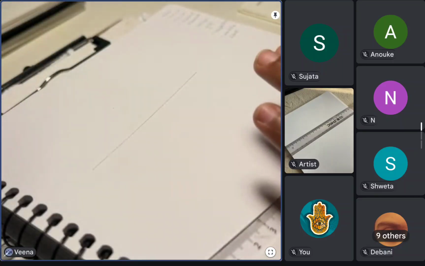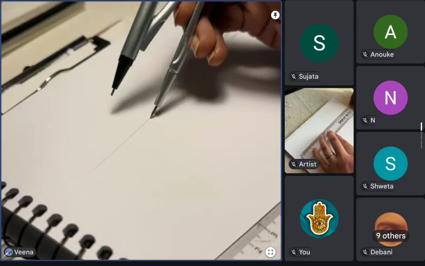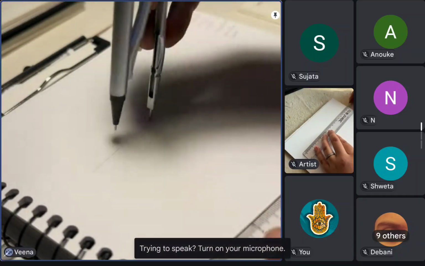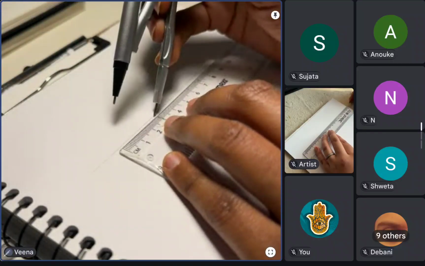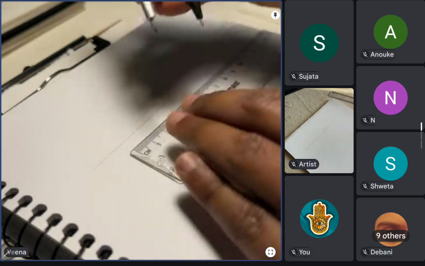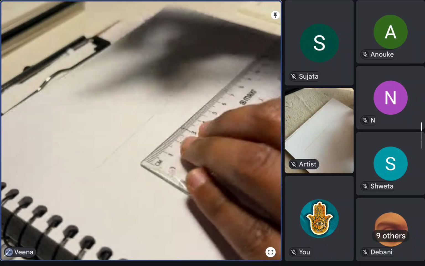Okay, so just draw a horizontal line, and then the idea is to make a circle. Just place your compass on the line and make a circle of 2.5 centimeter radius.